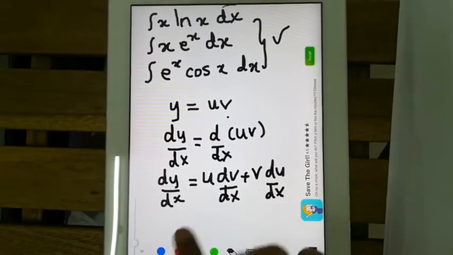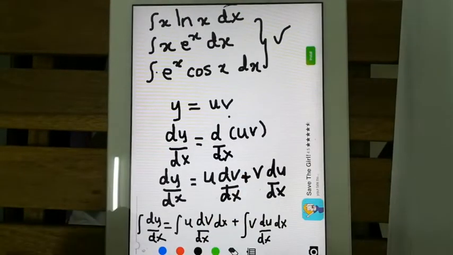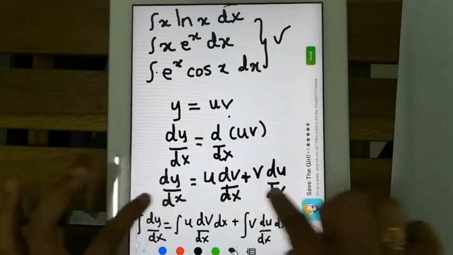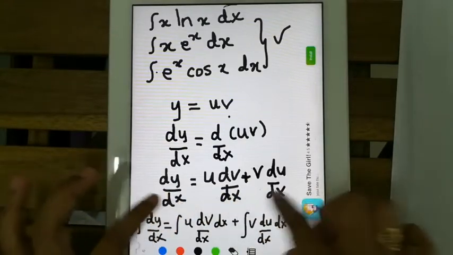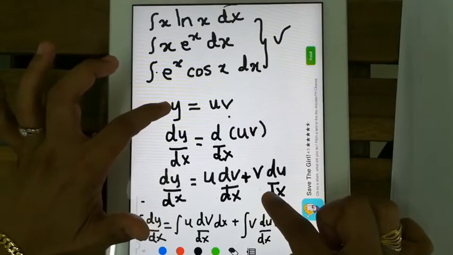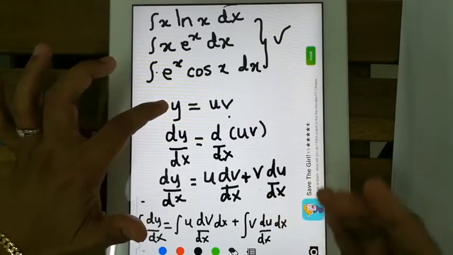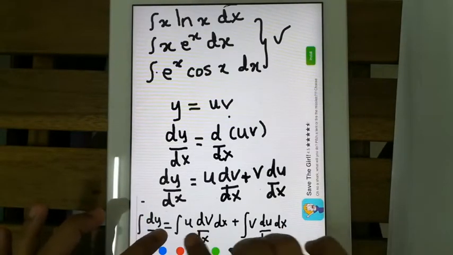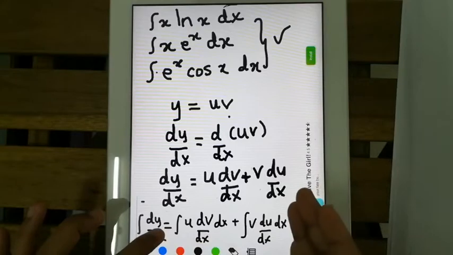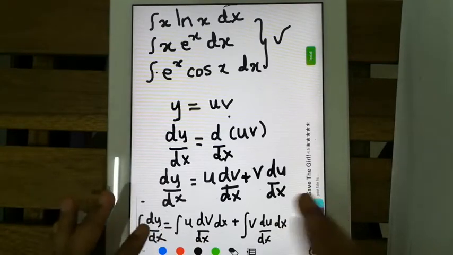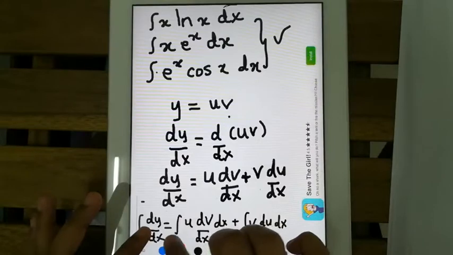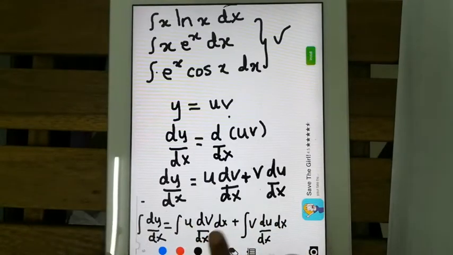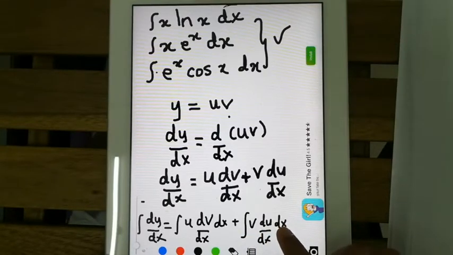Now, if we want to get this equation back into the original one, we have to integrate it. Am I right? So when we integrate d(uv) over dx, it means that we need to integrate the other side too, the left side and the right side. So we integrate u dv over dx plus integrate v du over dx with respect to dx.